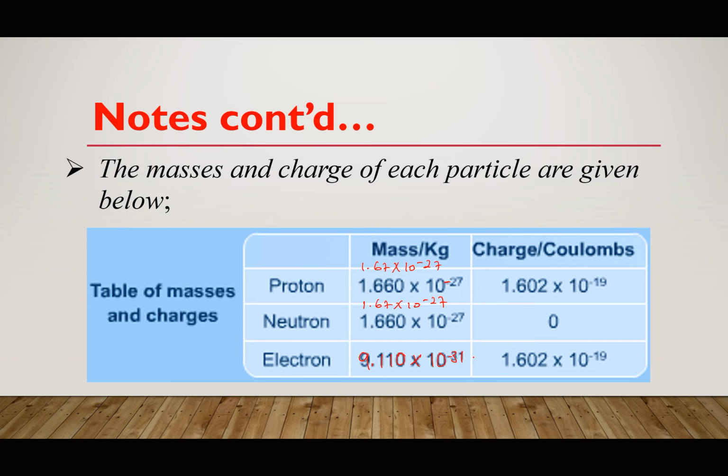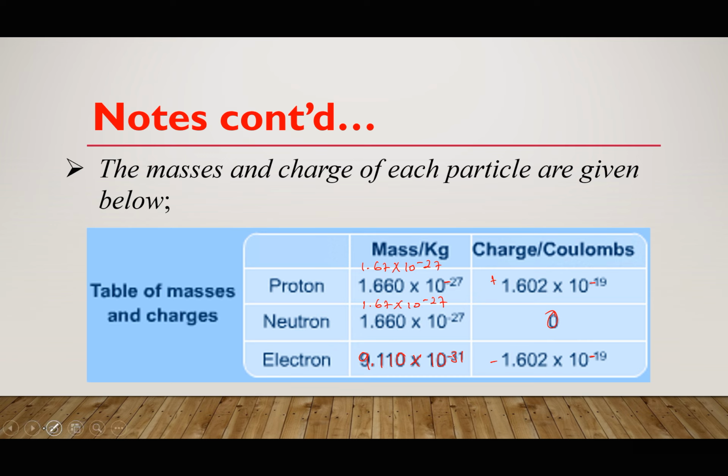The charge of an electron is negative 1.602 times 10 to the power of minus 19 coulombs, and the charge of a proton is the opposite, positive 1.602 times 10 to the power of minus 19. The charge of a neutron was established to be 0, because the neutron could not account for the total charge of the nucleus.